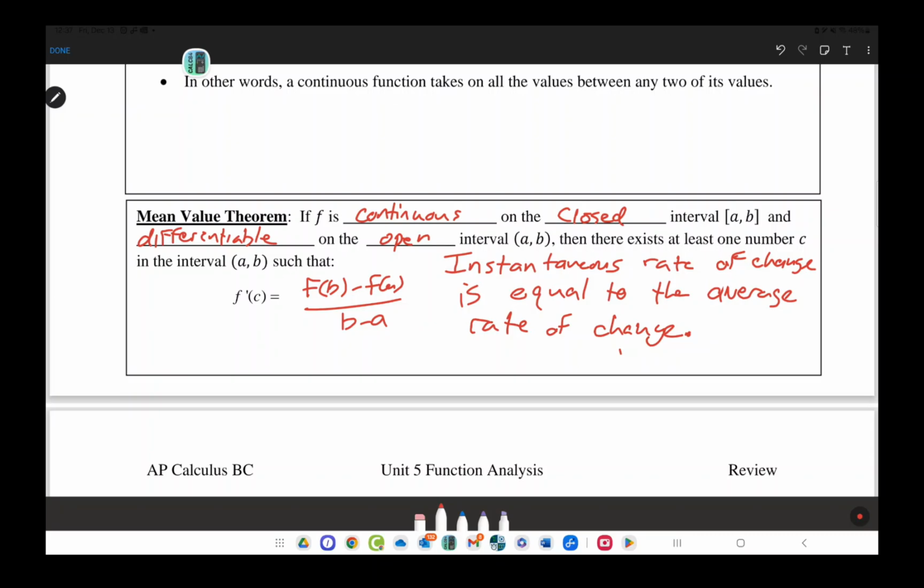Man, I can't write. I don't even know if that's spelled correctly. That's the mean value theorem. There's at least one value in which the instantaneous rate of change is equal to the average rate of change. Has to be. No choice. There could be more than one, but there's at least one.